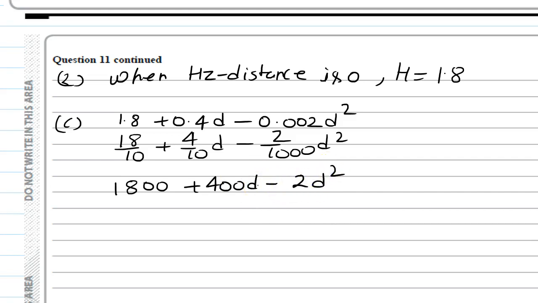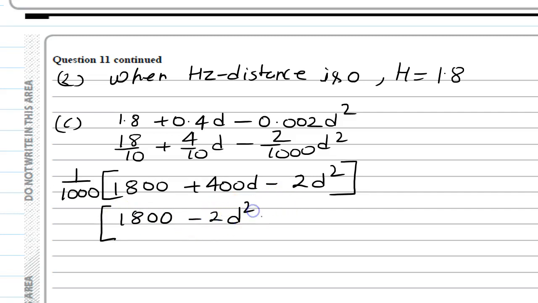Because in the denominator there is 1000, let's write it separately and deal with it in the last term. So it is 1 over 1000. Now I'm solving inside the bracket, so it will be 1800 minus 2d square plus 400d.